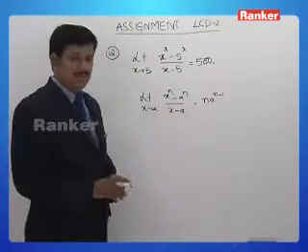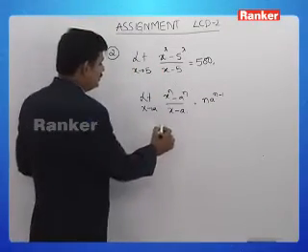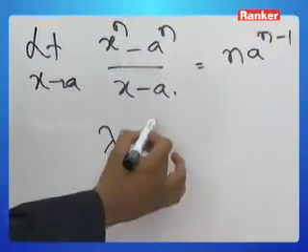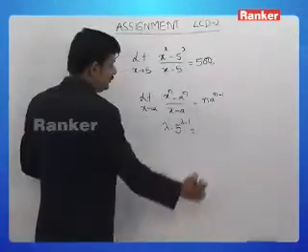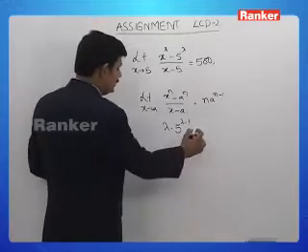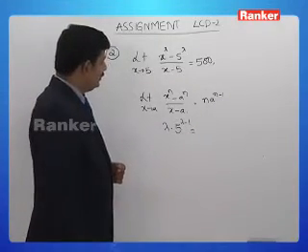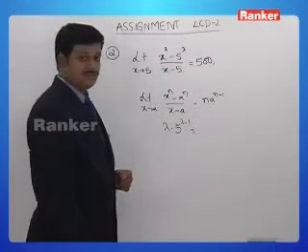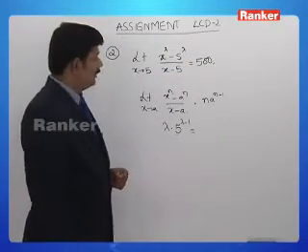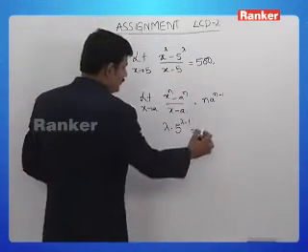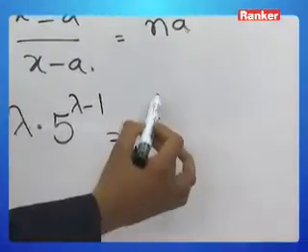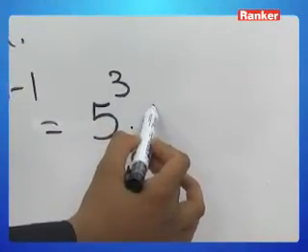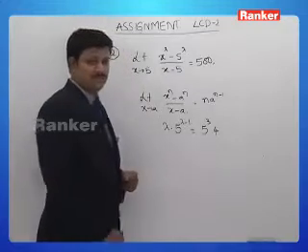So, for this question, the limit is going to be lambda, a is 5 here, power lambda minus 1, and this is given to be 500. Now 500, let us prime factorize it. 500 is 125 into 4, and 125 is 5 cube into 4.